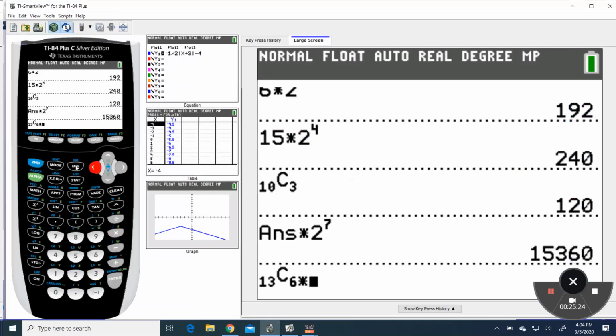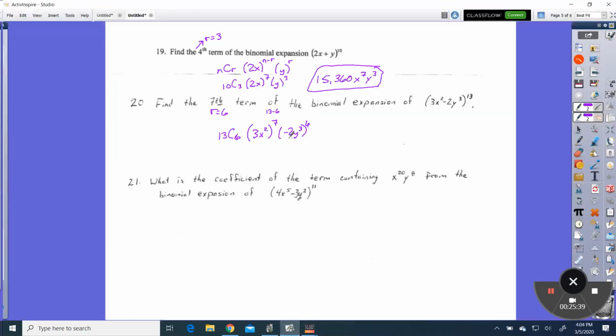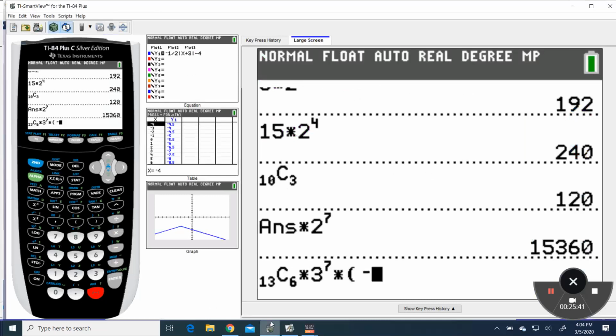Whoops, that's still down there on the bottom. Times 3 to the 7th times negative 2 to the 6th. And I put that in parentheses so that I know I'm putting this negative 2 to the 6th power.